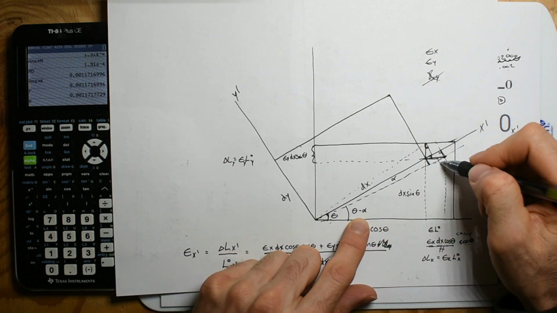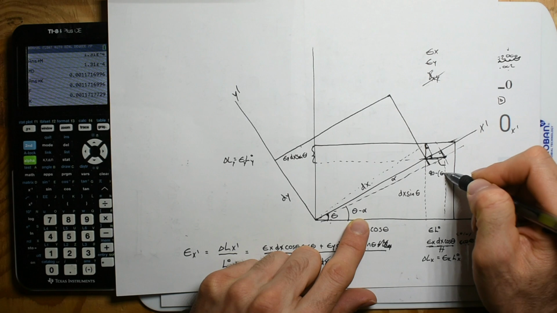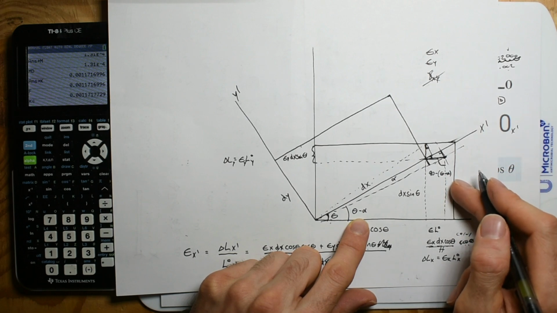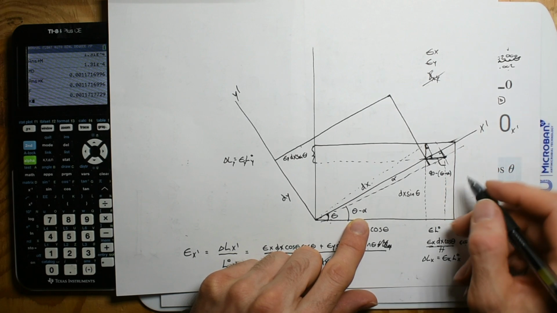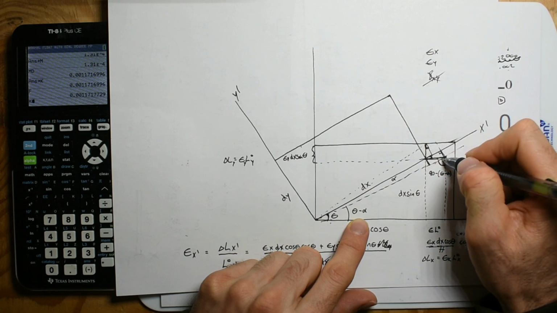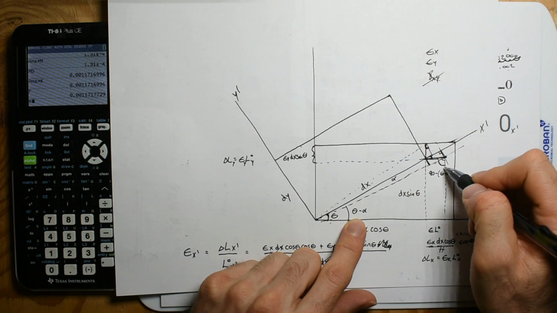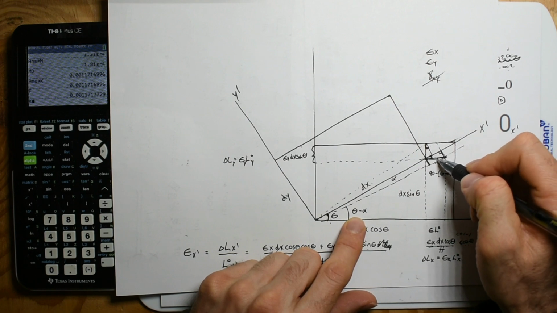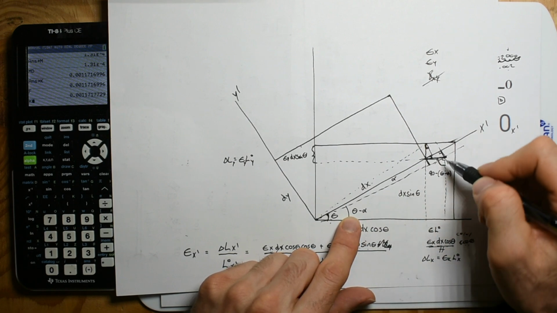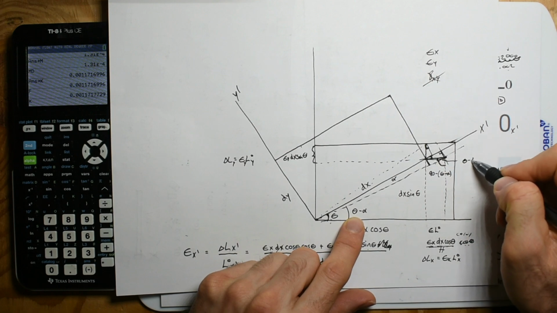So the complementary angle up here is going to be 90 minus theta minus alpha. Okay? And so that's going to be this angle. This is going to be a 90 degree. So this angle is going to be complementary to that. So this angle right here has to be theta minus alpha.